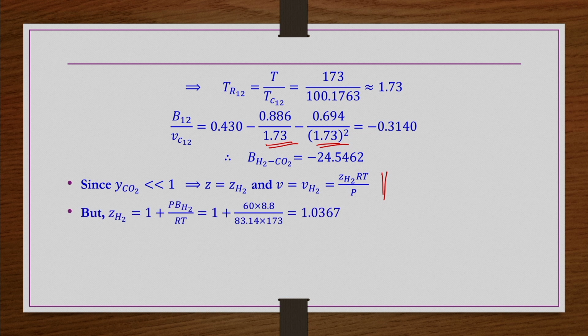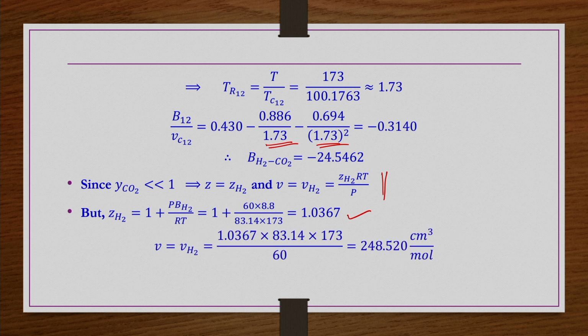So, ZH2 equals 1 plus P BH2 by RT. BH2 we got as 8.8 something, P is 60 bar, T is minus 100 degree centigrade. So then we get ZH2 as 1.0367. Similarly, if you have ZH2, then VH2 we can write as ZH2 RT by P. ZH2 is 1.0367, this is R, this is T, this is P. So VH2 we will get as 248.520 centimeter cube per mole.